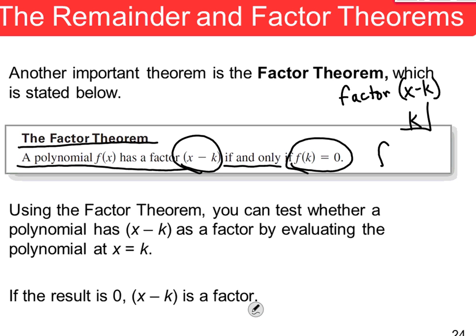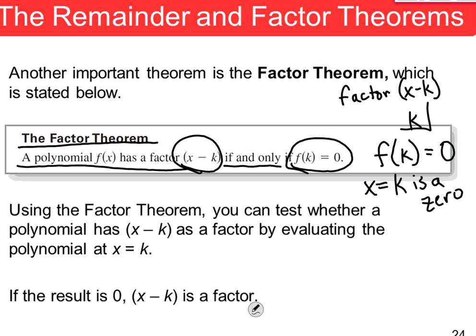And if you're finding that remainder, you're finding f of k. And so then x equals k is a 0. So those are just all related concepts for these as we go.